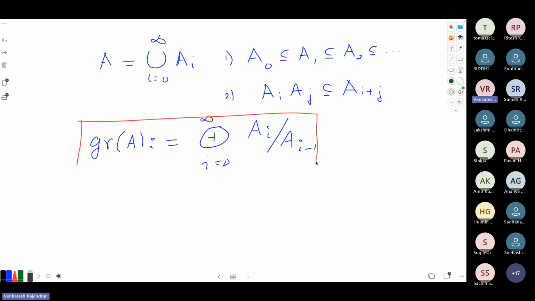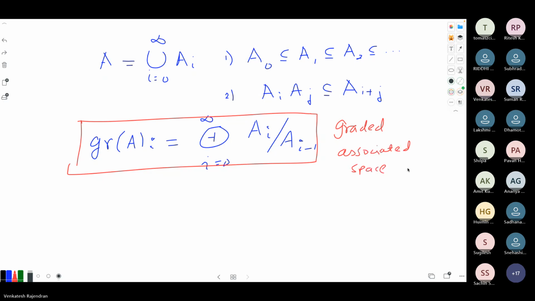This is my associated graded space. It is easy to see that this carries the C vector space structure, so that is not a problem.